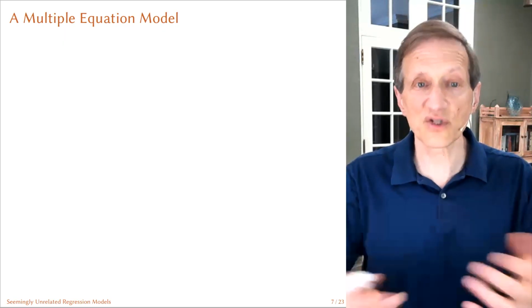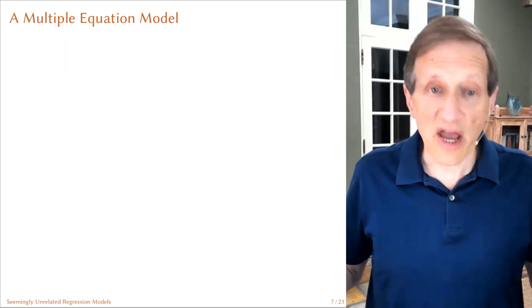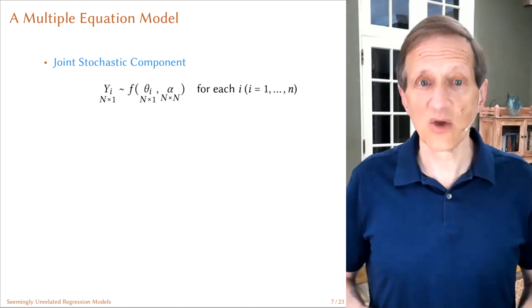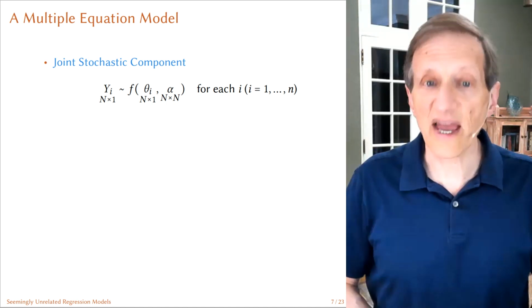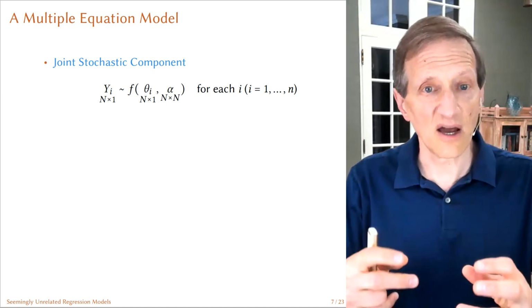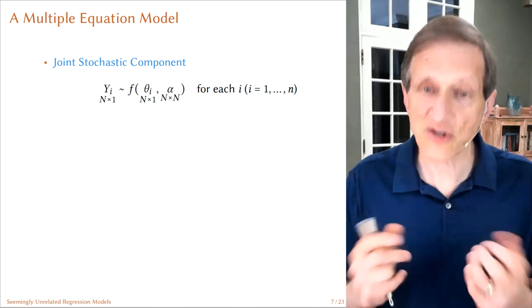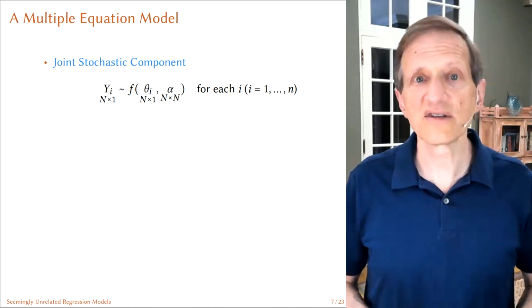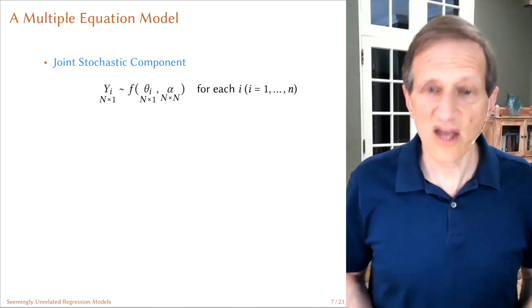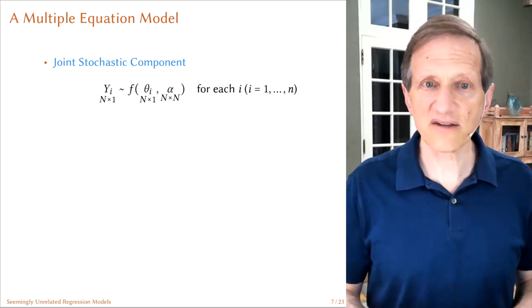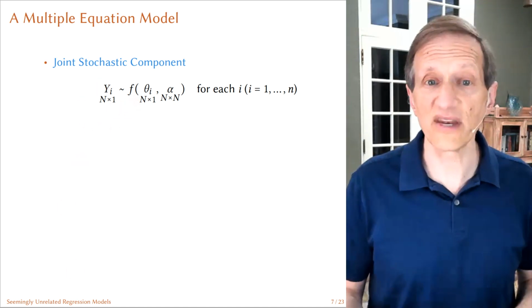Okay, so for starters, here's a generic multiple equation model. We'll start with a joint stochastic component. I've put in the matrix dimensions underneath each of the symbols so we can follow along. The key thing here is the stochastic component is unusual based upon anything we've seen before.